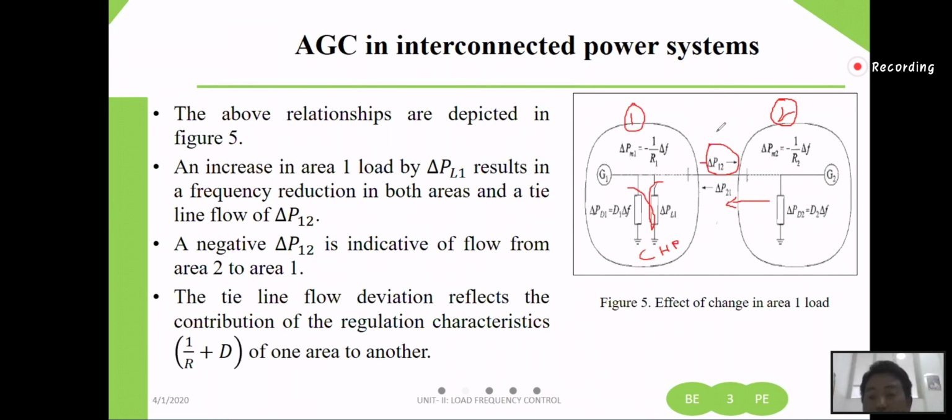Another effect is that power flow in this tie line will also decrease. If you write this much, it is more than enough as per the question.